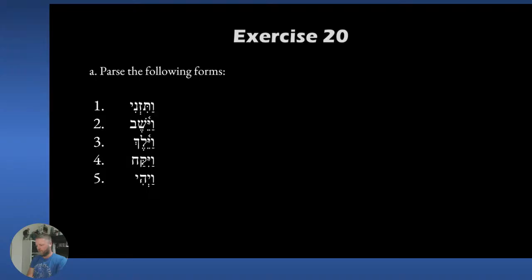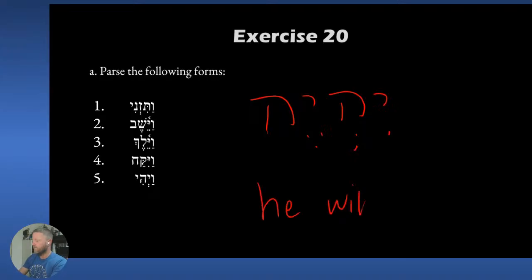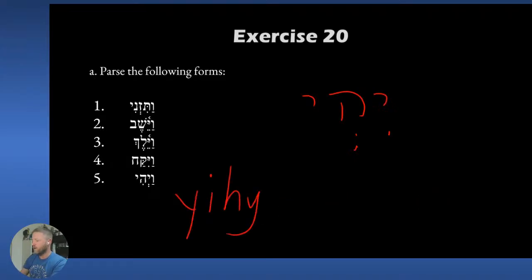Vayhi. Vayhi is from hayah. Yihyeh means he will be. When we want to make it jussive, we remove the last syllable, and it's yihy, which we can't say, because this is a consonant at the end of the word.